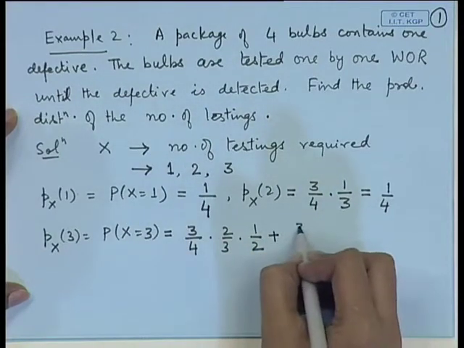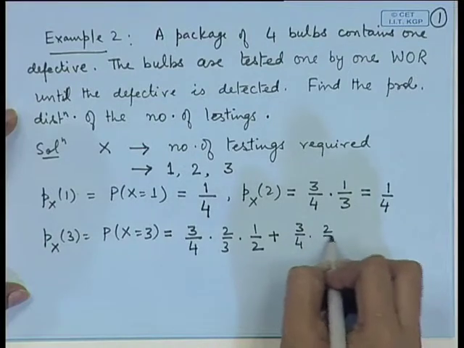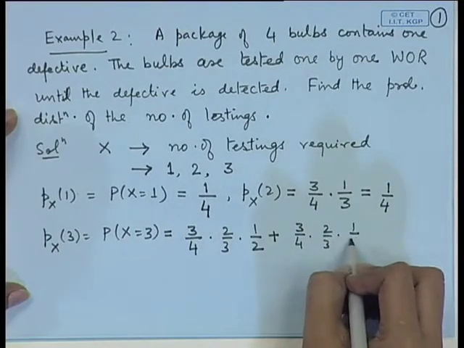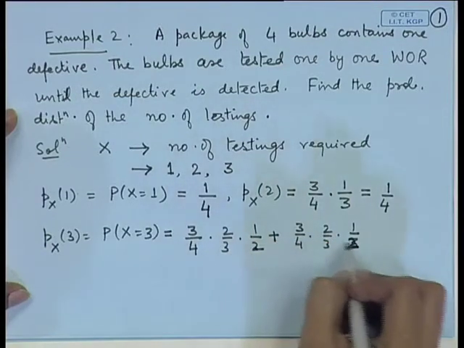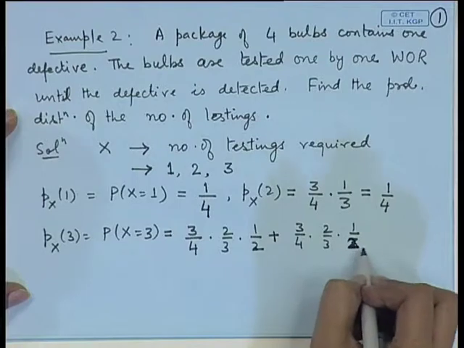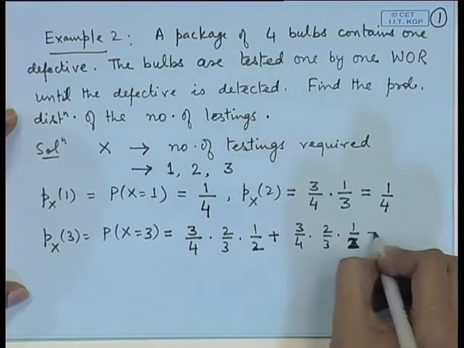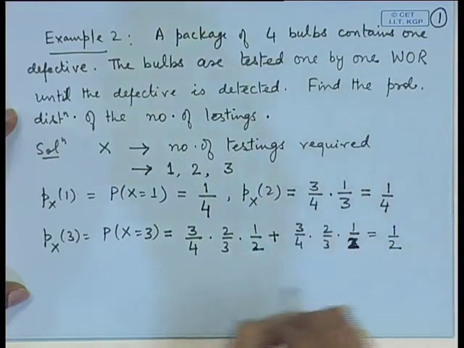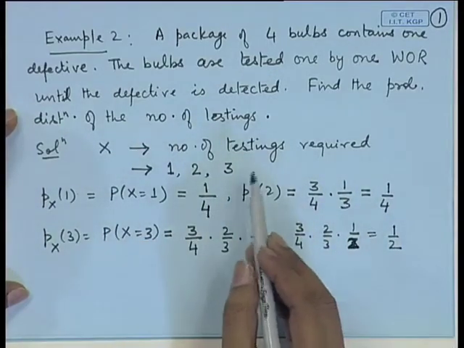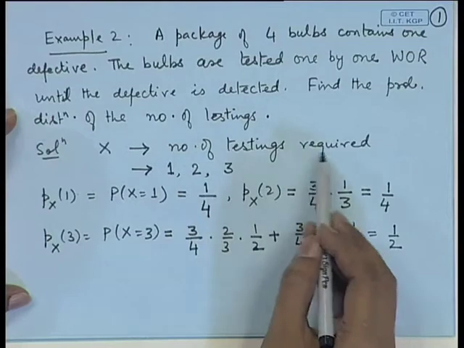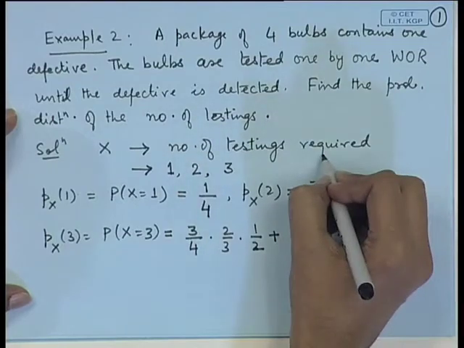We should also take into account the possibility that the third one is non defective, because whether it is defective or not, the outcome is known, since the fourth one will be defective or not. So, it is actually equal to half. So, this is the probability distribution of the random variable X, which is the number of testings required.